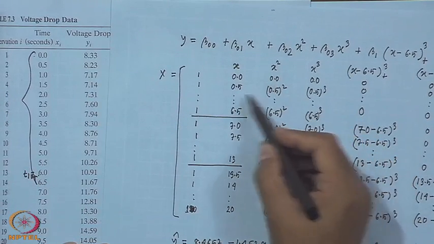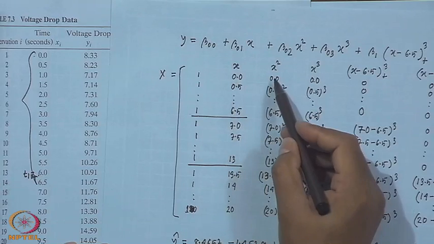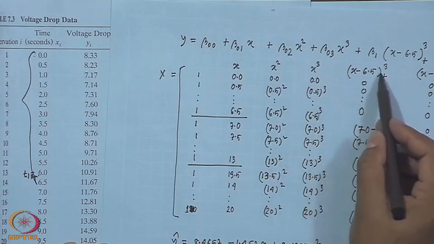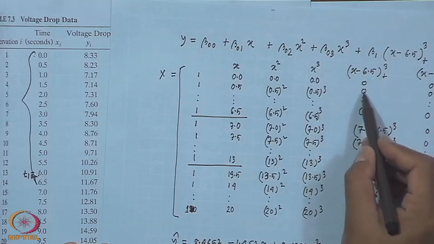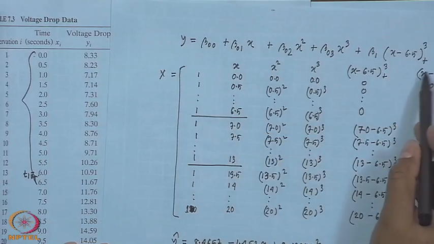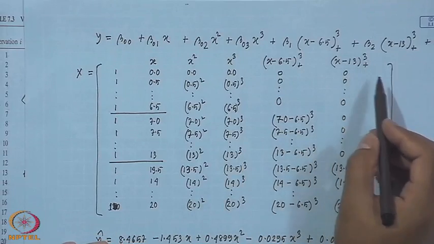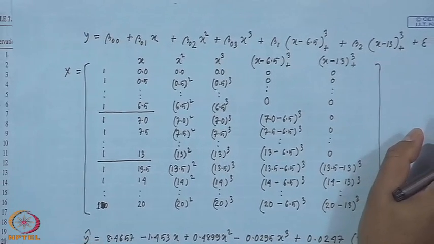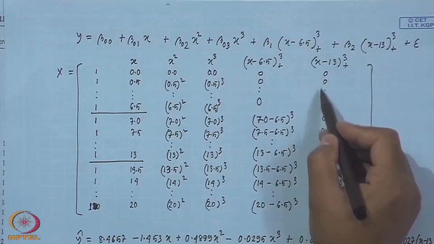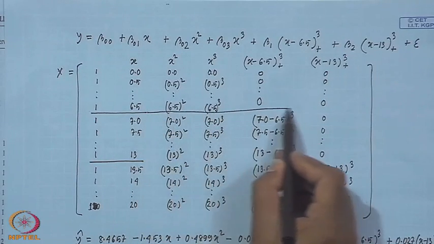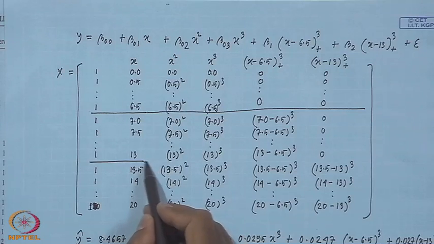You have the x values, you square them, and here the cube. The function x minus 6.5 plus is 0 for the first segment, and the function x minus 13 to the power of 3 plus is also 0 for the first segment.